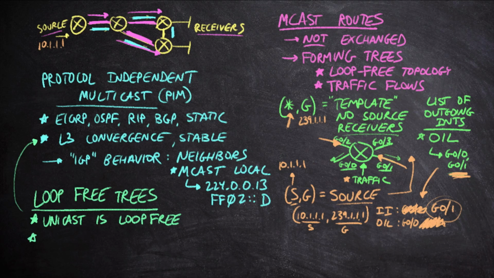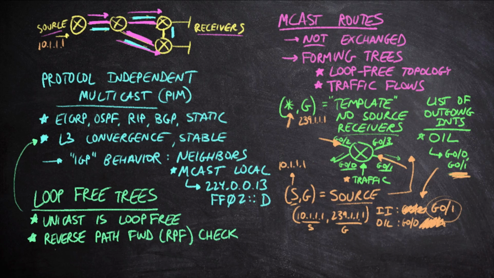And so we're going to use a check that is pretty popular in the networking world. We call it the reverse path forwarding check, the RPF check. And I'll just put that in here, RPF check.